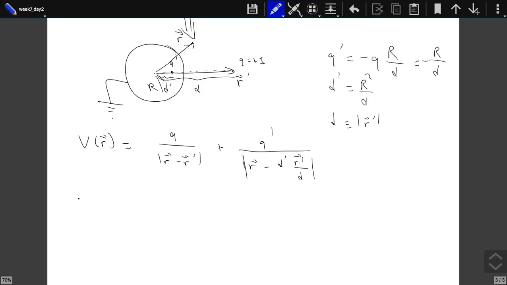So let's just do R minus R prime, which is the square root of R minus R prime squared.